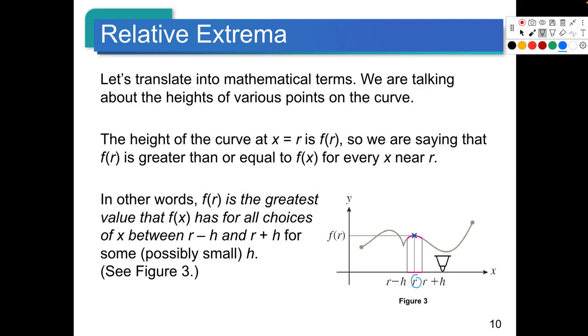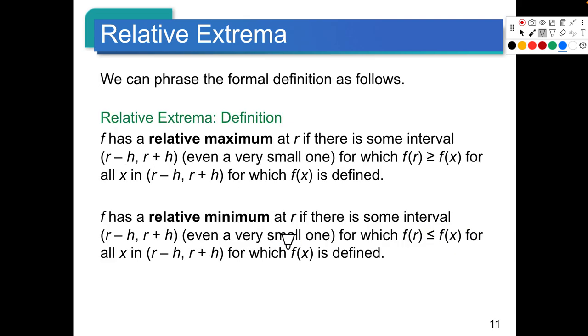But they're using some math definitions of, go a little bit to the left, so h units to the left, go h units to the right, and those y values are all smaller, so hey, that's a mathematical definition of a maximum. Okay, so just to let you see it, we can get by without using that, but basically they're just getting very mathy here.